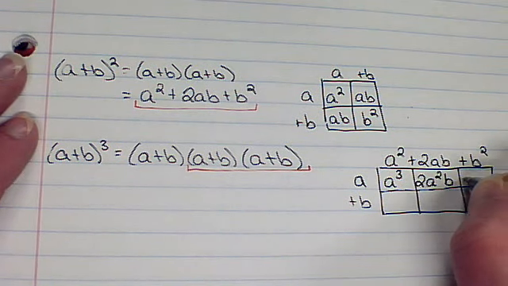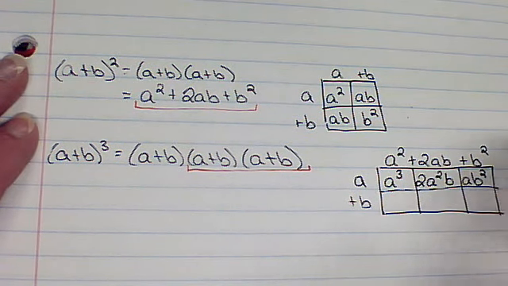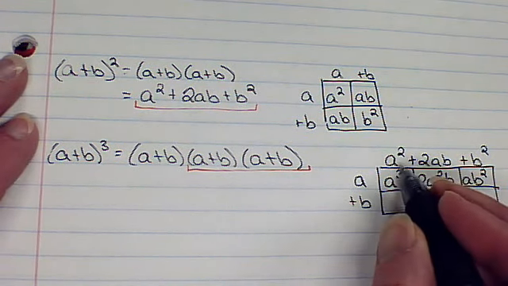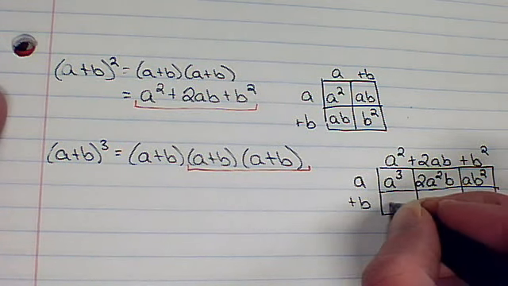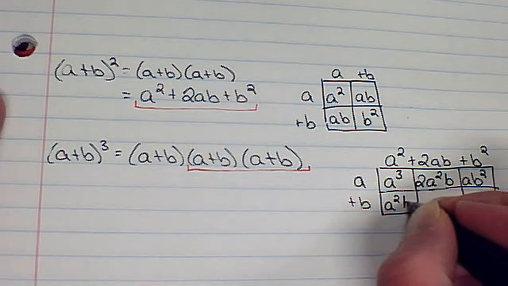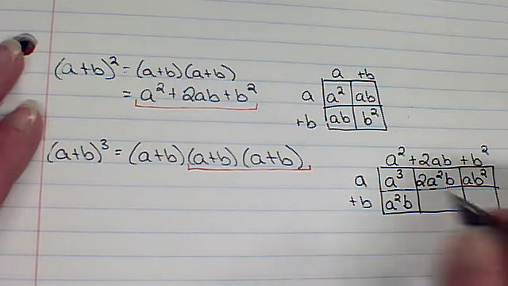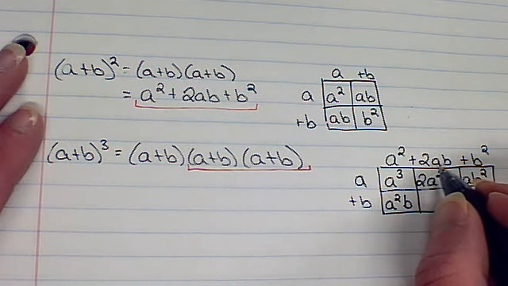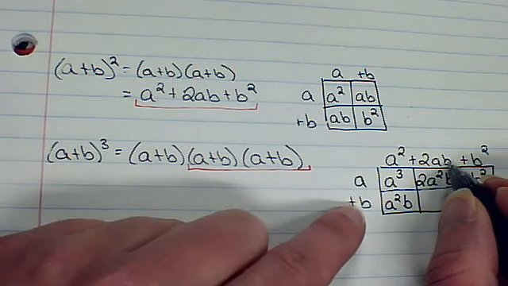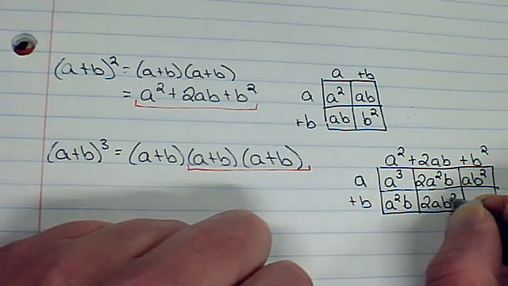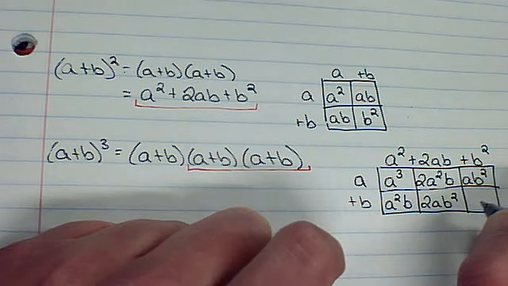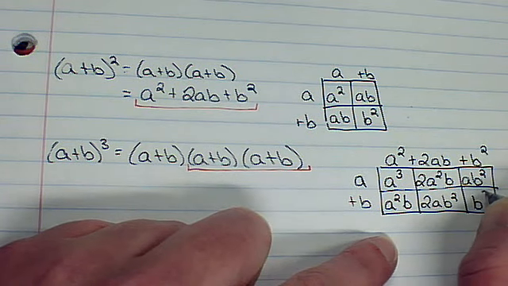A times b squared is ab squared. B times a squared. You could write it ba squared, but mathematicians, we're crazy. We like them in alphabetical order. A squared b. B times 2ab. Well, the b times the b is b squared, so that gives me 2ab squared. B times b squared is b cubed.